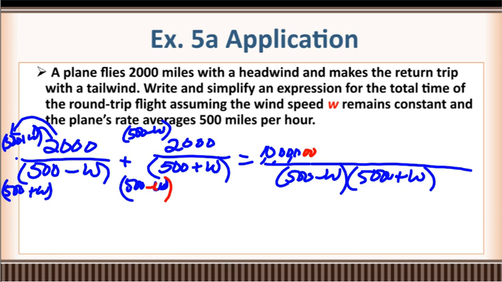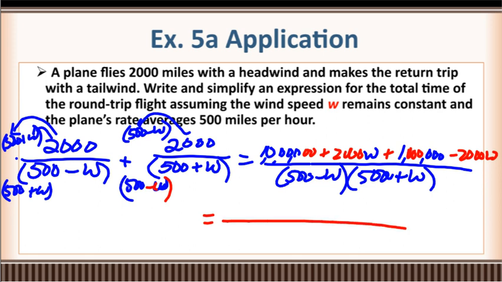And then this is plus 2,000 W. And then I'm adding to that 2,000 times 500, which would be 1 million, minus 2,000 W. And in my answer, I get 1 million plus 1 million is 2 million.